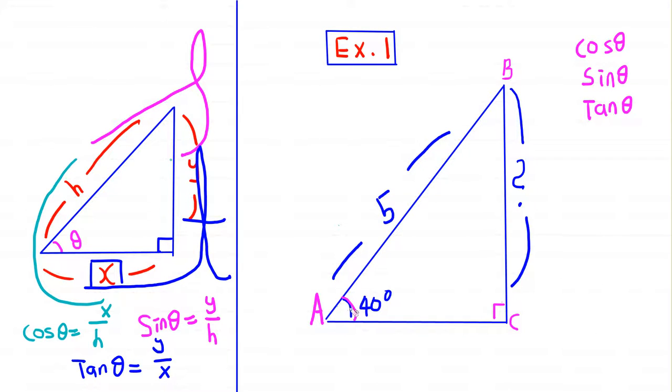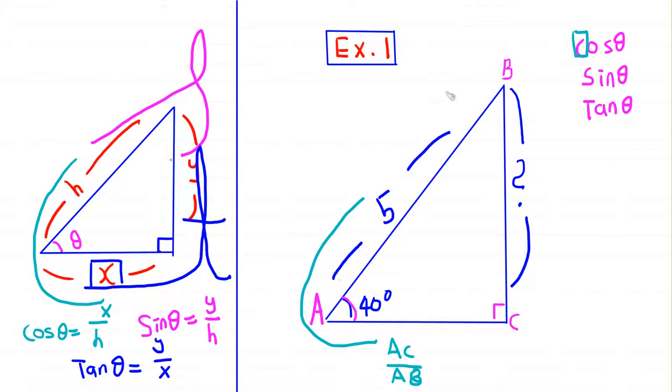Let's apply cosine theta first. From this central angle, we write C for the initial value of cosine all the way down to AC, which is the denominator, and the numerator is AB.